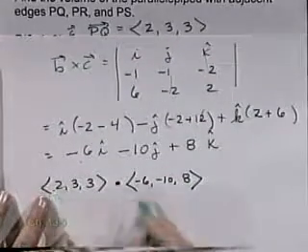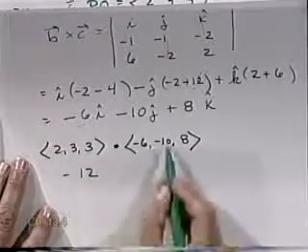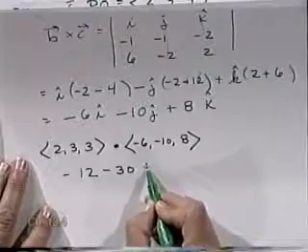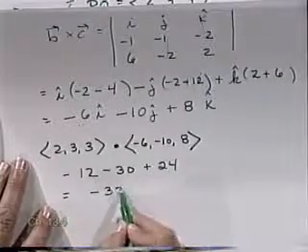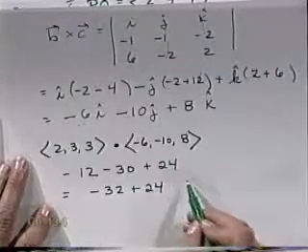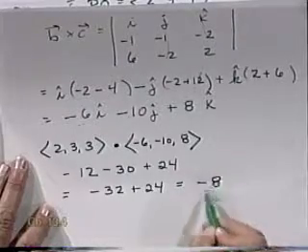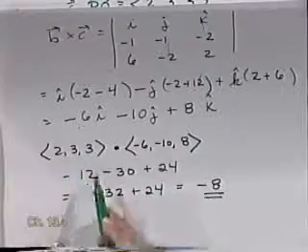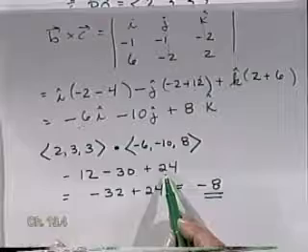And that gives us 2 times a negative 6 is a negative 12. 3 times negative 10 is a negative 30. 3 times 8 is 24. So we have a negative 42 plus 24, which is equal to what? Is that right? 2 times negative 6 is negative 12. 3 times negative 10 is negative 30. 3 times 8 is 24.